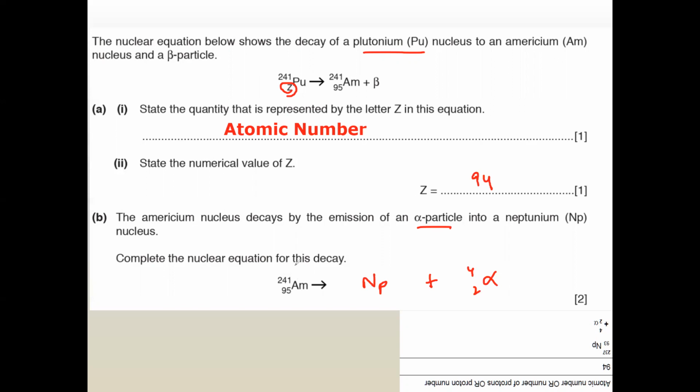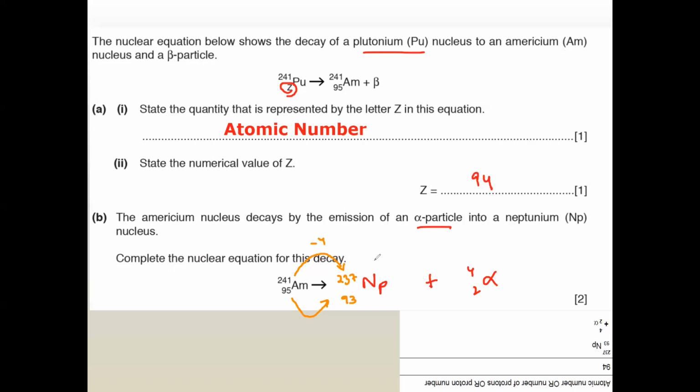Now what happens? As we know, whenever there is an alpha emission, atomic mass will decrease by 4. So it is 241 minus 4. It will turn out to be 237. And atomic number decreases by 2, so it is 95 minus 2, so it will be 93.